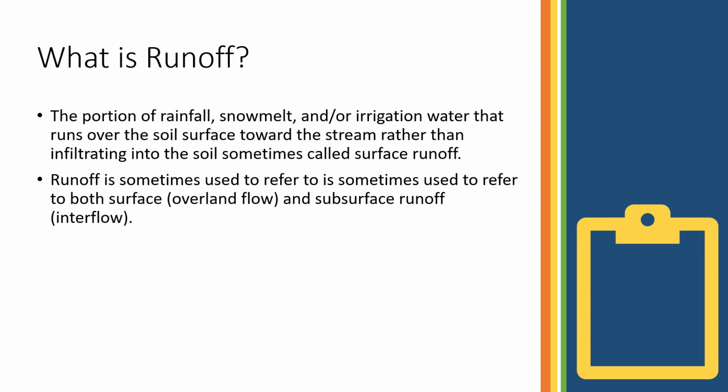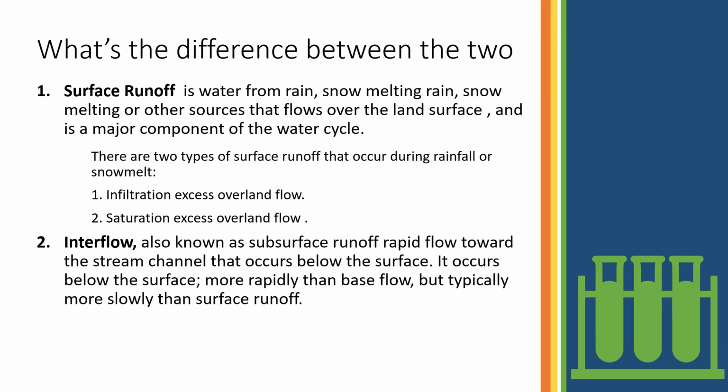What are the differences between the two? Number 1, surface runoff is water from rain, snow melting, and other sources that flows over the land surface and is a major component of the water cycle. There are two types of surface runoff that occur during rainfall or snowmelt: infiltration excess overland flow and saturation excess overland flow.